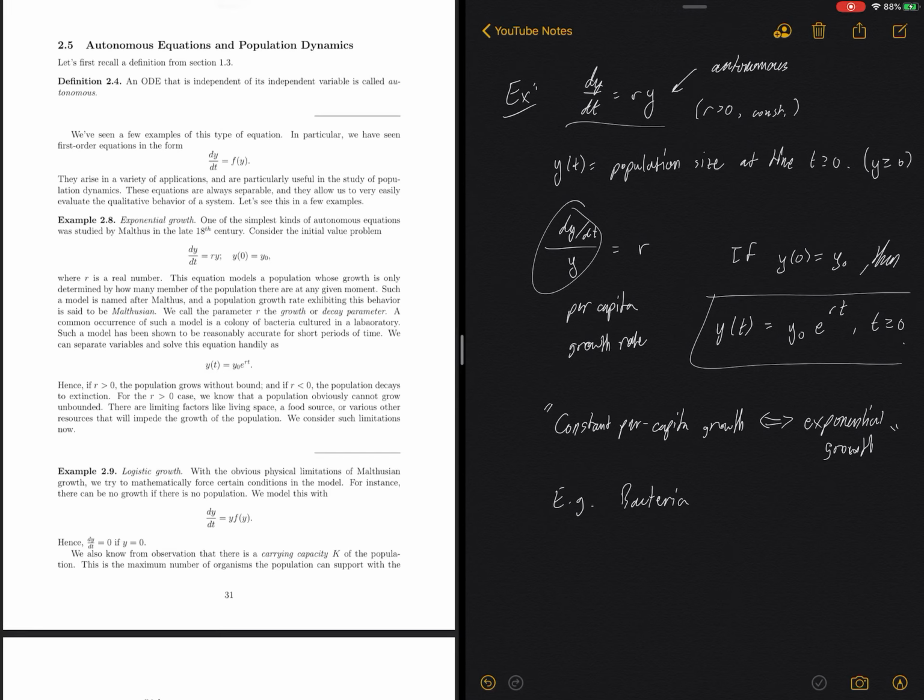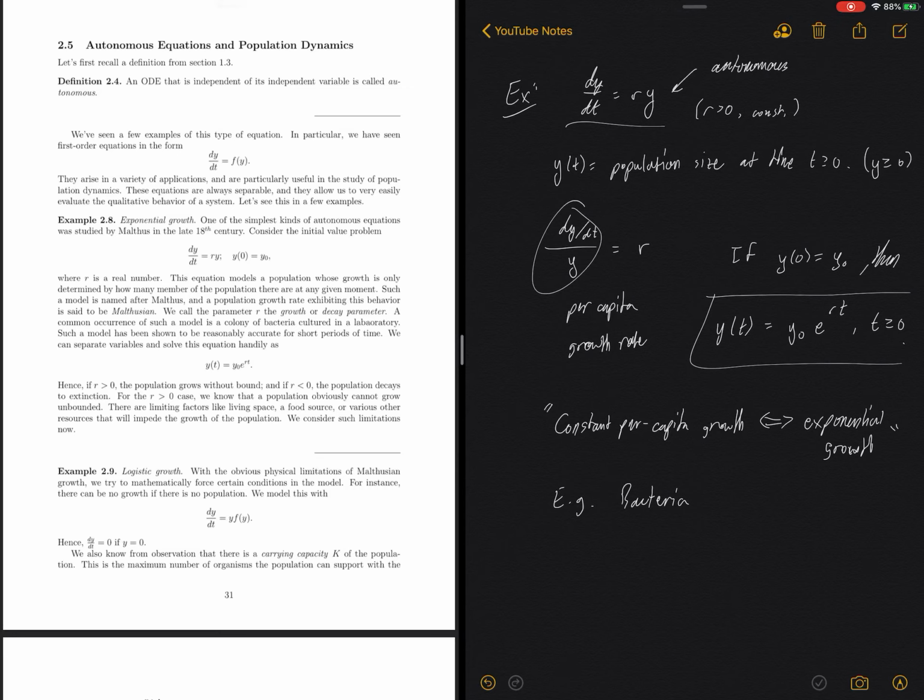So think, e.g., bacteria. Bacteria are asexual reproducers, which means they don't need partners to reproduce. They can split via mitosis, and bacteria will double in a very quick amount of time, a very rapid growth rate here.